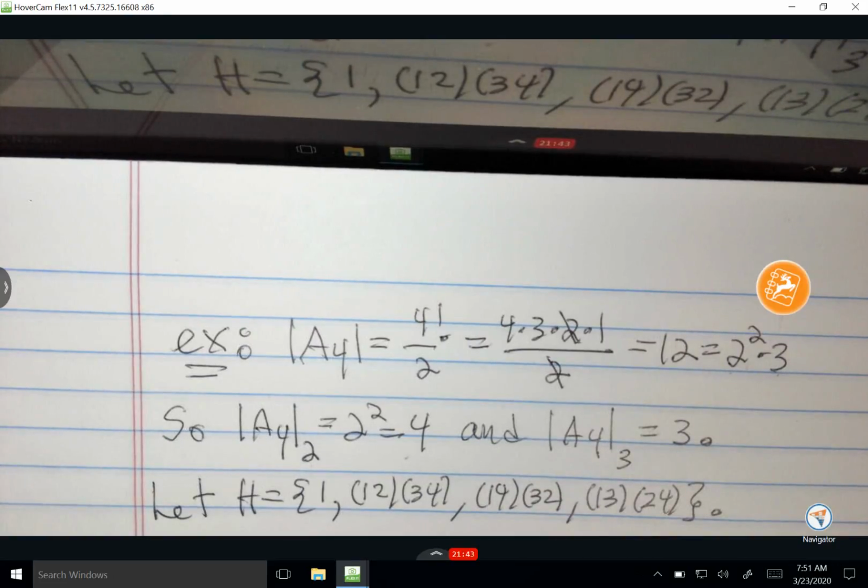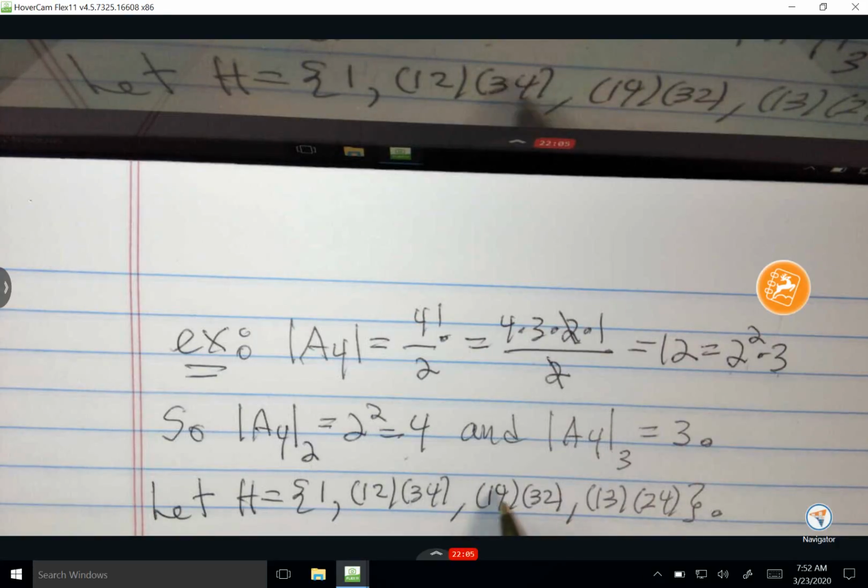Then we saw before spring break that each one of these elements in this subgroup H is its own inverse. And so there are inverses in here. Finally, we saw that the product of any 2 of these is the 3rd one, not including the identity.